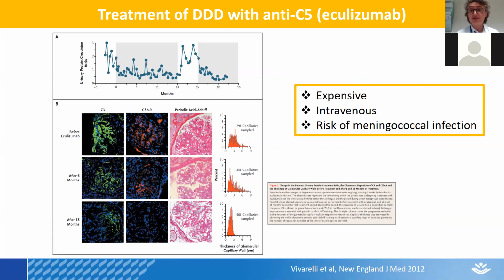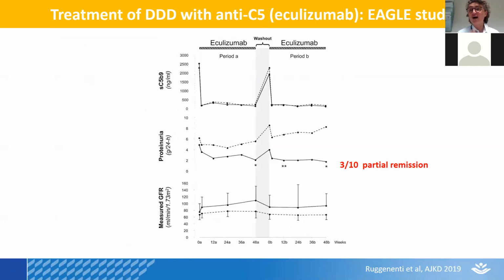However, we know that this drug is very expensive. It's given IV initially every week and then every 14 days, and there is an important risk of meningococcal infection. But not only this, what we also saw, unfortunately, as we moved forward and gave it to more patients and performed some studies, is that the results were actually quite disappointing.